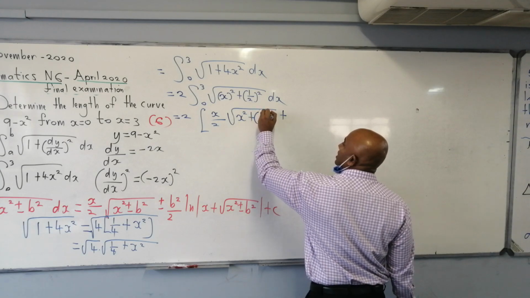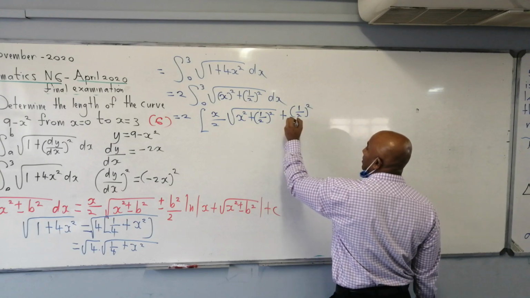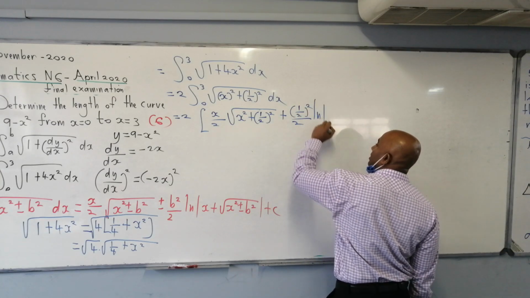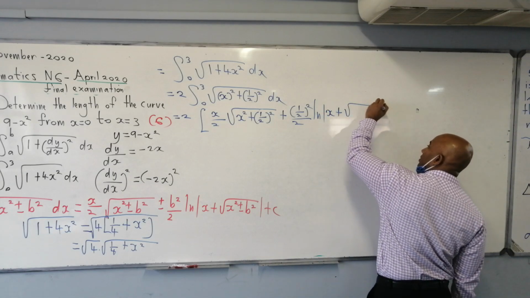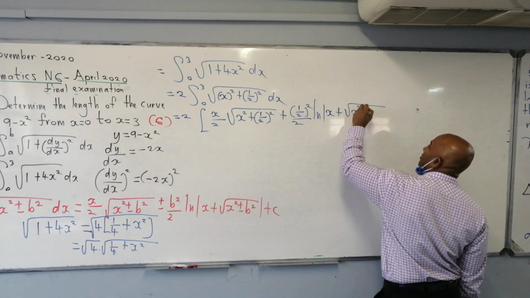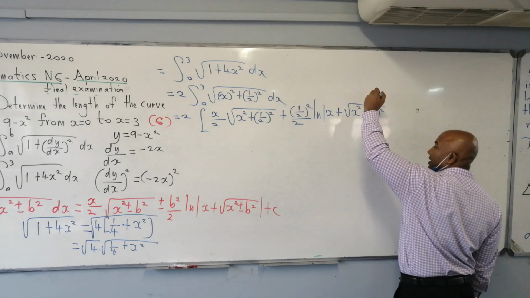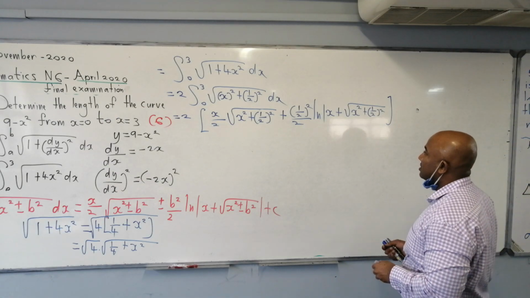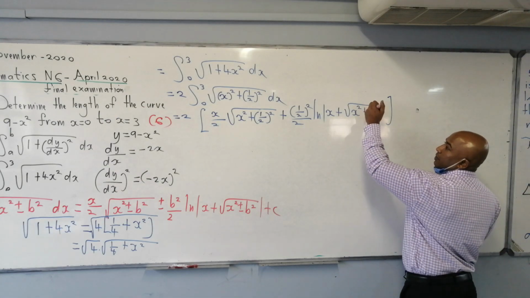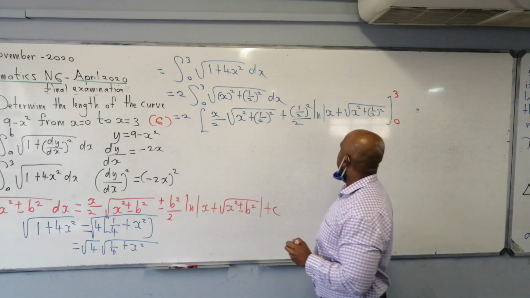This is b squared, and then b squared again over 2, ln of the absolute value of x plus the square root of x squared plus 1 over 2 squared, and we're done. So let's just go straight and use the calculator. So what do we have here? 3 and 0.